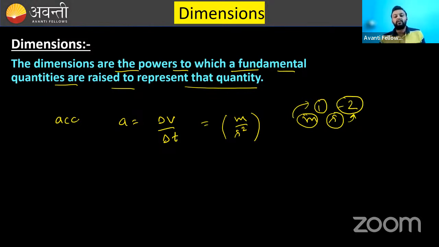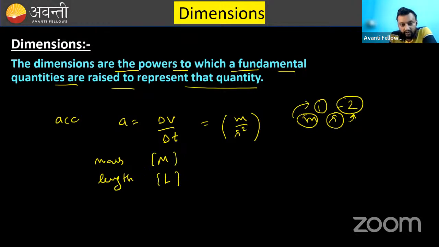Similarly, you can find the dimension for any physical quantity. So the definition of dimension is clear. Now the thing is how to represent these dimensions. To represent these dimensions, mass is represented by M, and length is represented by L, with the bracket.